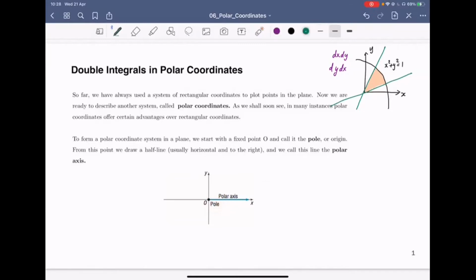On the rectangular coordinate system, you have the y-axis and x-axis, which you know from high school, and it is the most common thing in this world. But if you want to use polar coordinates, you have the pole here, the same origin, but the axis is just the polar axis. This is the polar axis here, and that is the polar coordinate system.